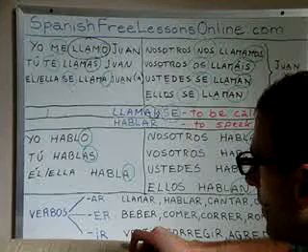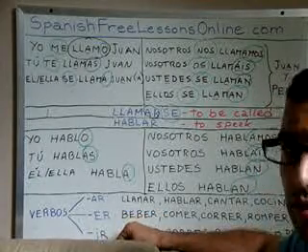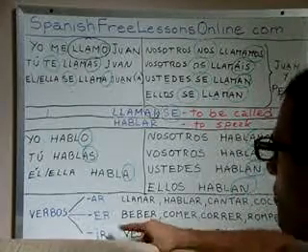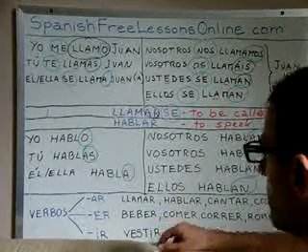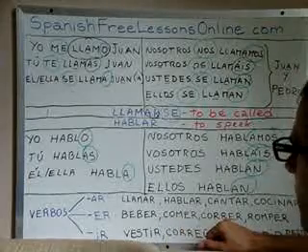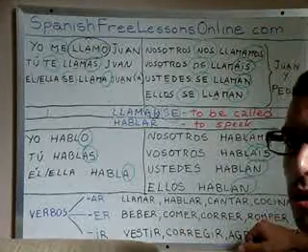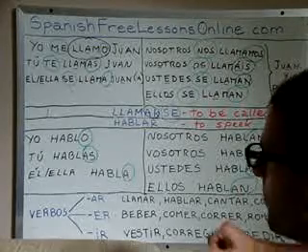Now, as examples for verbs ending in er and verbs ending in ir, we have for er, beber, which means to drink, comer, to eat, correr, to run, romper, to break.